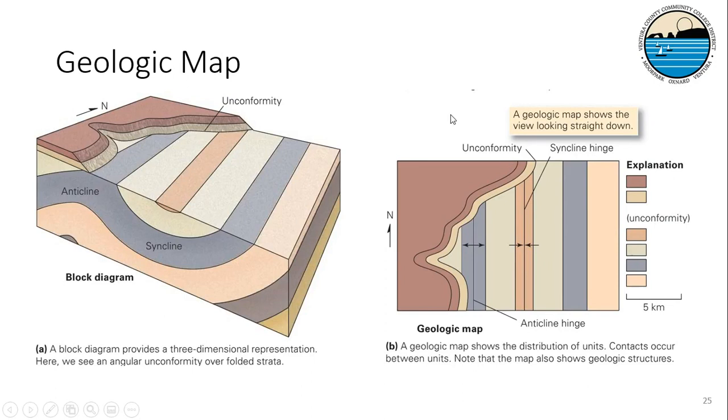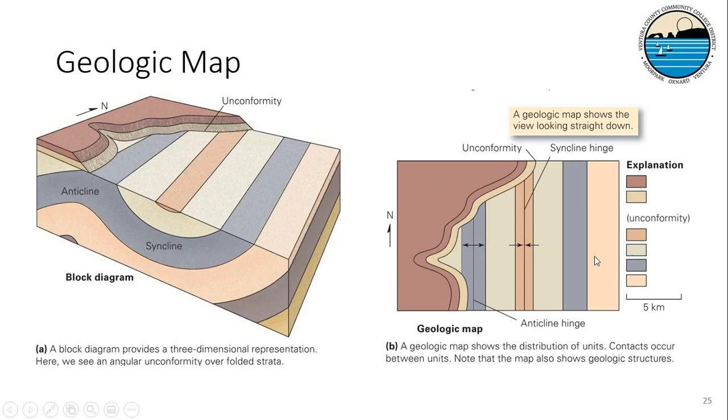Now, when we look at a geologic map, we can use some of that information that we just talked about to help us understand what's happening in the subsurface. So sometimes all we see is the picture at the surface, and we have to try to use our detective skills to figure out what's going on beneath. So when we're talking about an example of an unconformity here, we look at this in a 3D view.